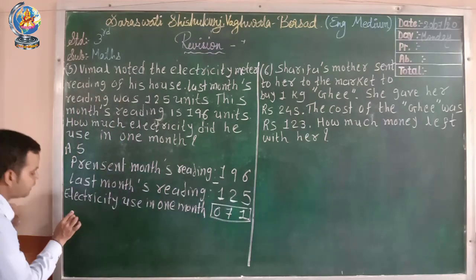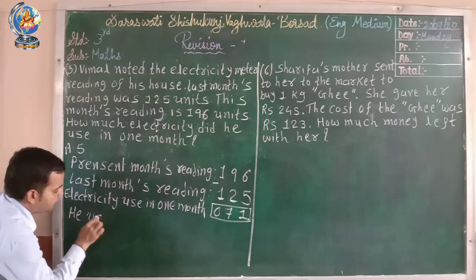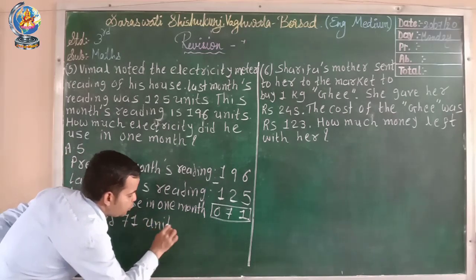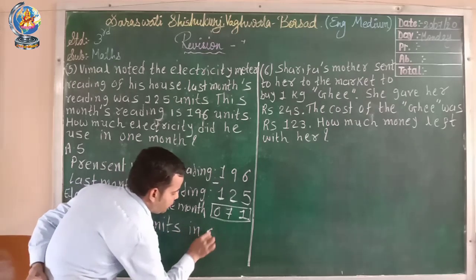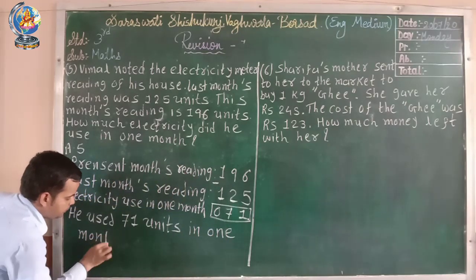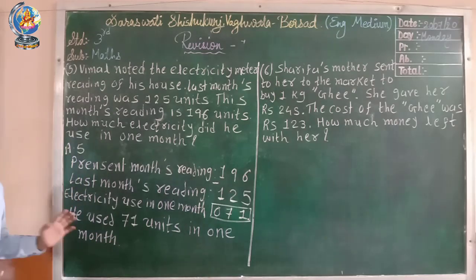How can we write the answer? He used 71 units in 1 month. Okay, understood about this sum?